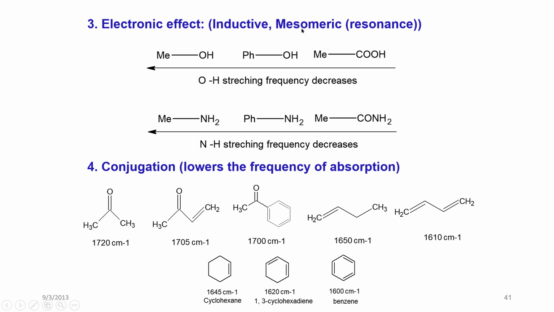Then the inductive effect and the mesomeric effect. In case of OH stretching frequency, methyl alcohol, phenol and acetic acid, here you can see the OH stretching bond frequency is decreasing in this order.